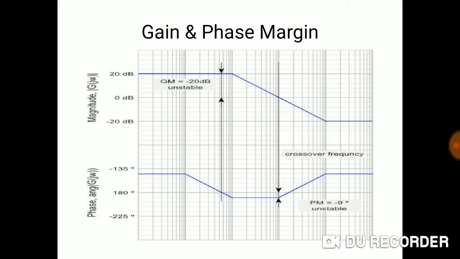Then you have to find out where the blue phase line crosses that vertical line, and what is the difference between that blue line and the 180 degree line. That is your phase margin. Here the phase margin is minus 9 degrees, meaning the difference between the blue line and the 180 degree line at that vertical line is minus 9 degrees. Both are negative, so the system is unstable.